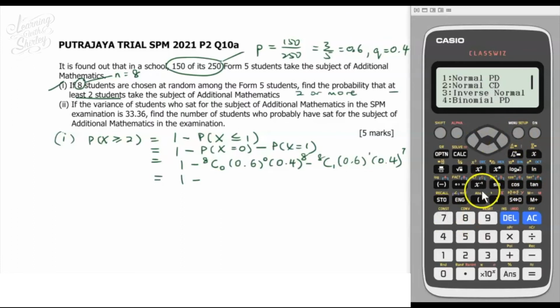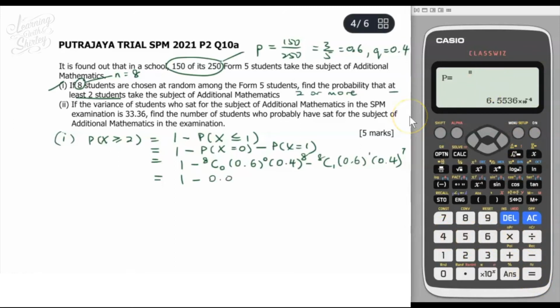If you want to use the calculator, you can go to menu, press 7, then you go to binomial PD, 4, then go to variable. So your x, when it's 0, your n is equal to 8, your p is 0.6. So that equals 0.000655, rounded.